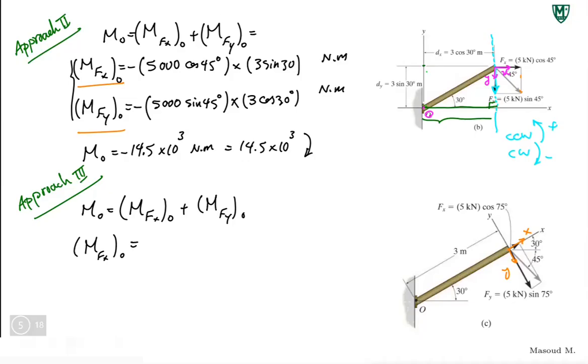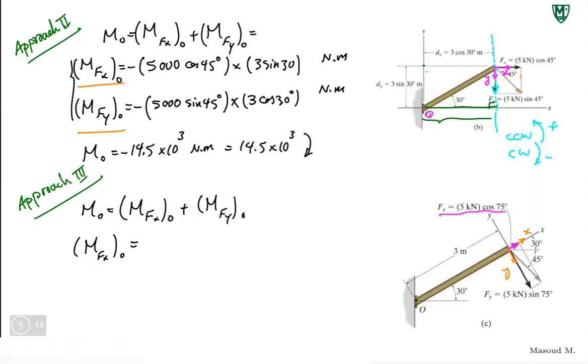I have to multiply Fx by the perpendicular distance between Fx and point O. Here is Fx, and this is the value for that.